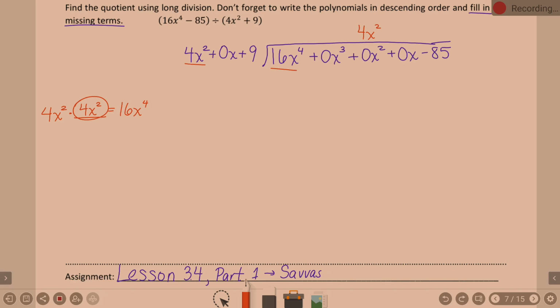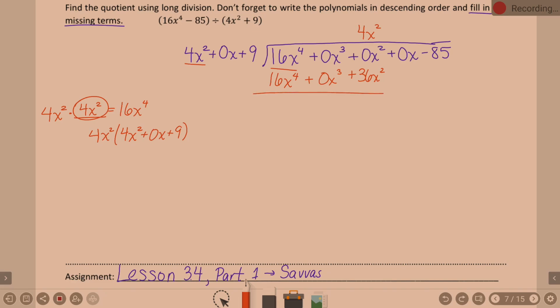Okay. What do we do with the 4x squared next? You multiply. You're multiplying it by the 4x squared plus 0x plus 9. 4x squared times 4x squared, 16x to the fourth. 4x squared times 0x, I'm going to write it as 0x cubed. 4x squared times 9, 36x squared.